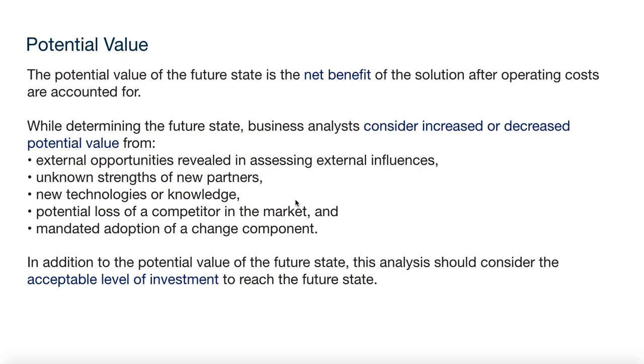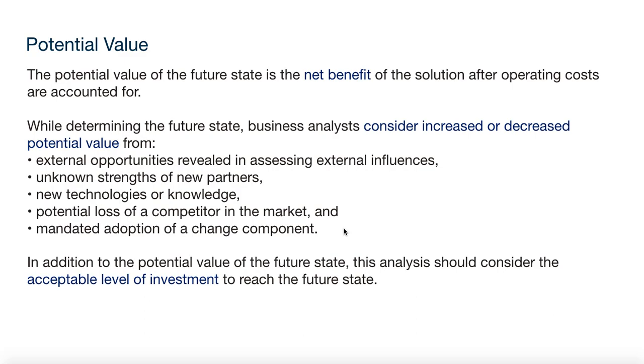Looking at the flip side, things that could decrease potential value: you try to do something, but in that time a new competitor might come into the market which totally overtakes what you have done. That could lead to potential loss. You have already invested so much time, effort, and cost, and everything goes to a loss. And then there is the mandated adoption of a change component.